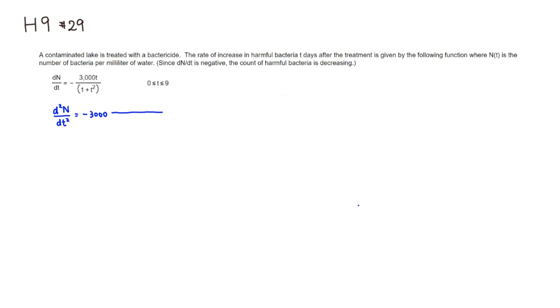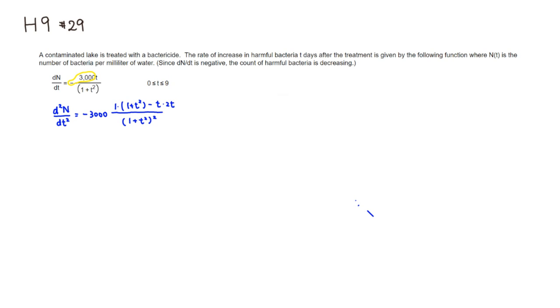We've already taken care of this part. So square the bottom, which is 1 plus t squared, quantity squared. The derivative of t is 1 times the bottom, 1 plus t squared, minus the top, which is t, times the derivative of the bottom, which is 2t.